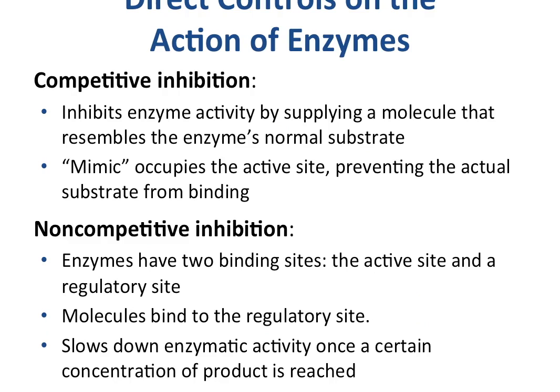There are some chemicals that can inhibit enzyme activities. Based on the function of these inhibitors, we can divide them into two categories. The first one is competitive inhibition.